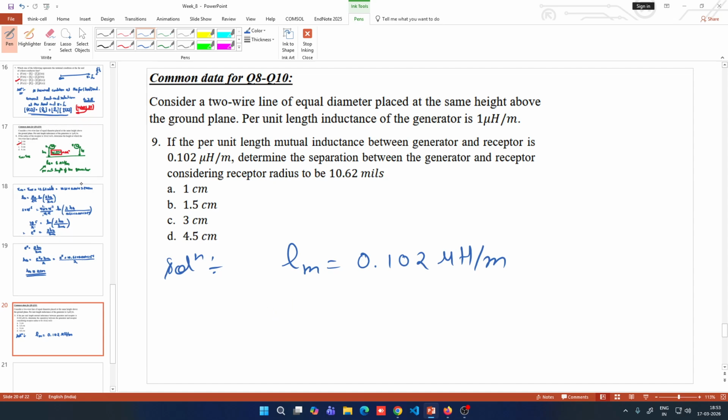In the earlier problem we had to find the height above the ground. Now we have to find the separation between the two conductors, that is, this S.